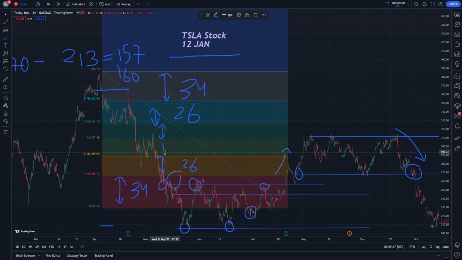If we take the part from below here, it gives you 18, which is near 19. So if you say 34 multiplied by 2, 26 multiplied by 2 and 18 multiplied by 2, it gives you 160.